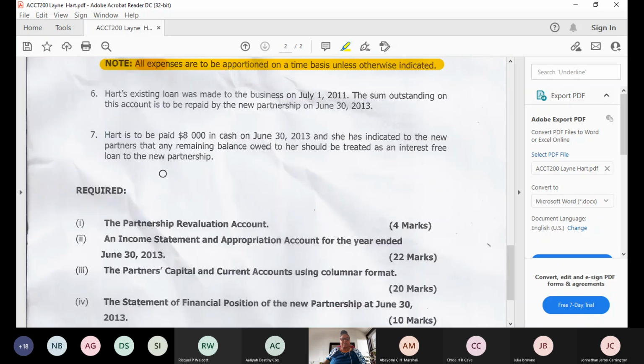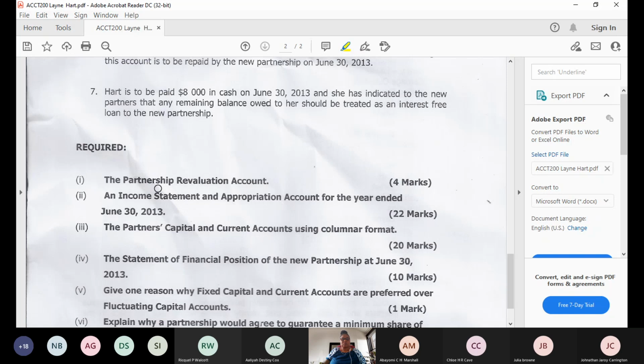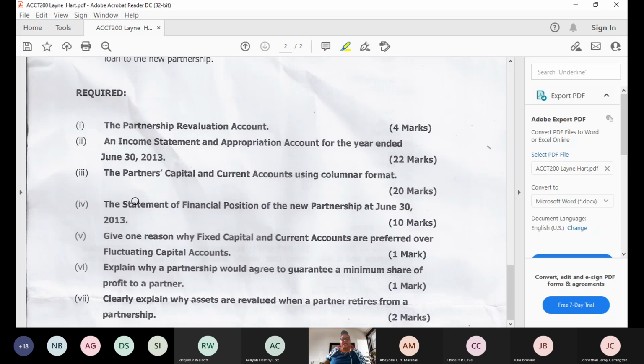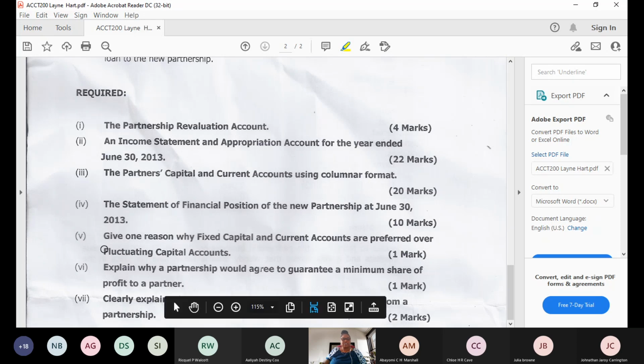So all of this is important. What they're asking you to do: the revaluation account, the income statement and appropriation account for the year, the capital and current accounts for the partners in columnar format, and the statement of financial position for the new partnership. And then they have some theory questions that you should try answering.